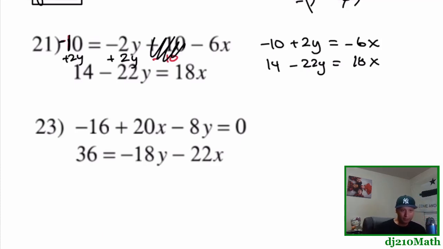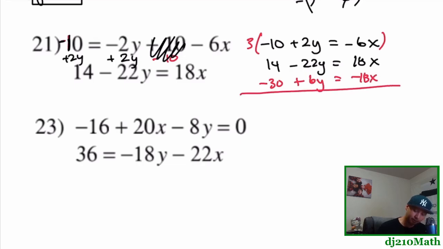All right, I'm focused on the x's. If I multiply the top by 3, this is going to make negative 30 plus 6y is equal to negative 18x. And that's exactly what I wanted because look, 18 and negative 18 is 0.